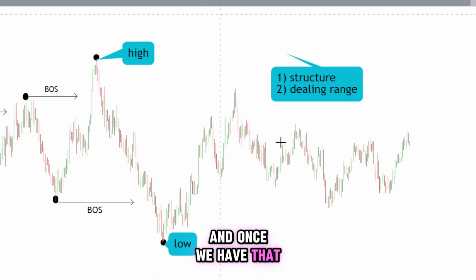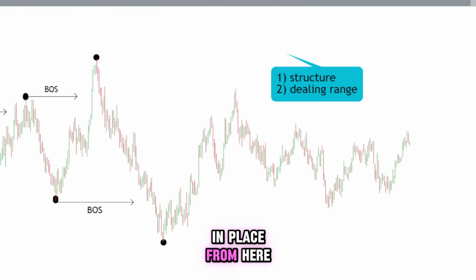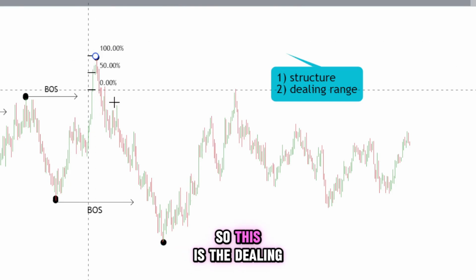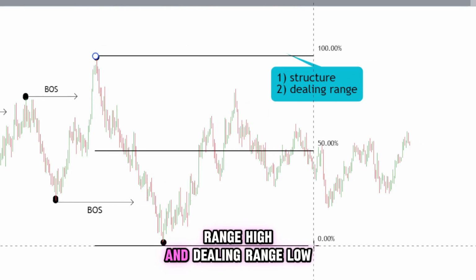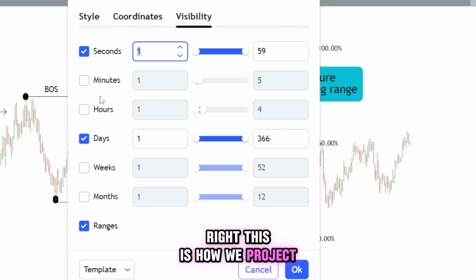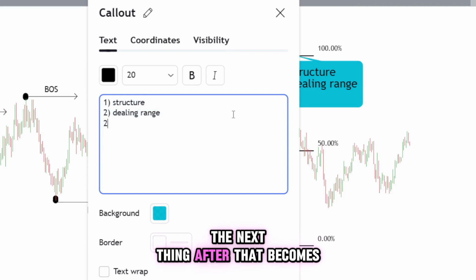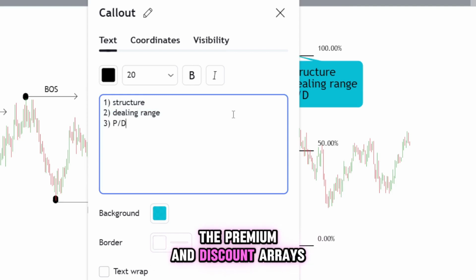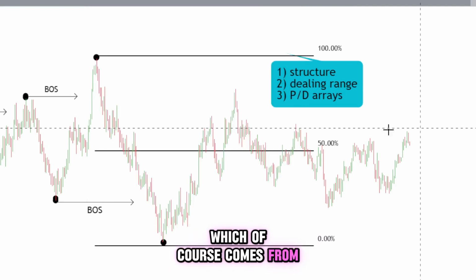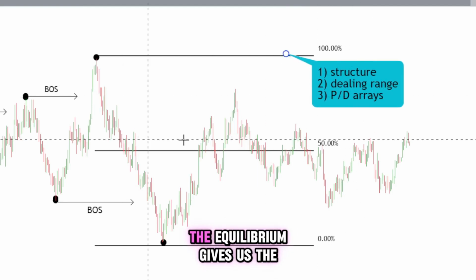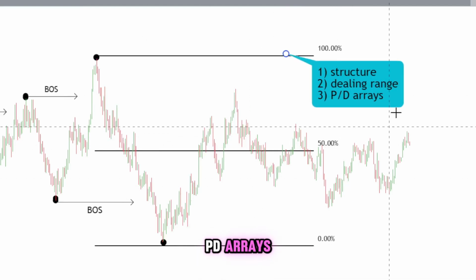Once we have that in place, we get our dealing range high and dealing range low. This is how we project the Fibonacci tool from the swing high down to the swing low. The next thing becomes the premium and discount arrays, which comes from the Fibonacci tool itself. The equilibrium gives us the PD arrays.